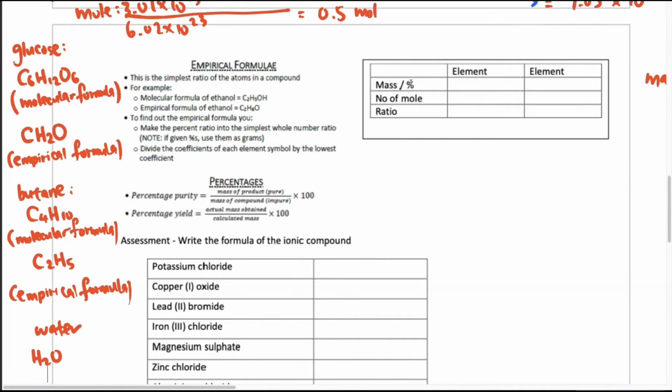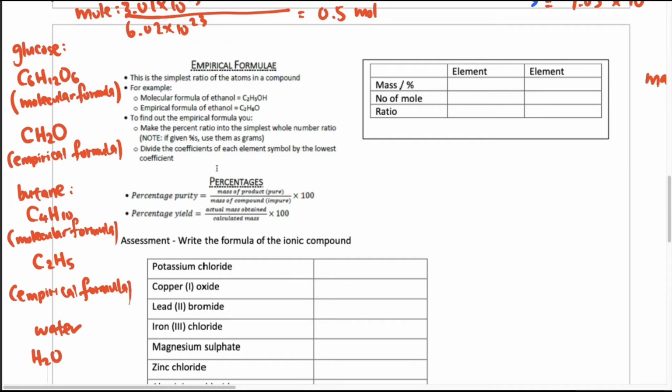Okay, so have the mass, then you divide by the molar mass to find the mole. Okay, then you have to put them in the simplest ratio, and that ratio will help us to get the empirical formula. Okay, so that is why we built this table. We built this table to find the empirical formula.